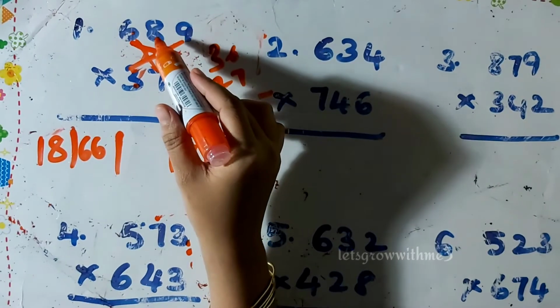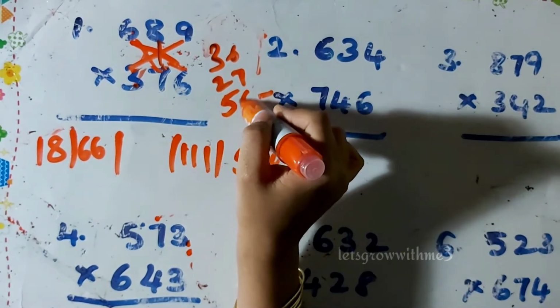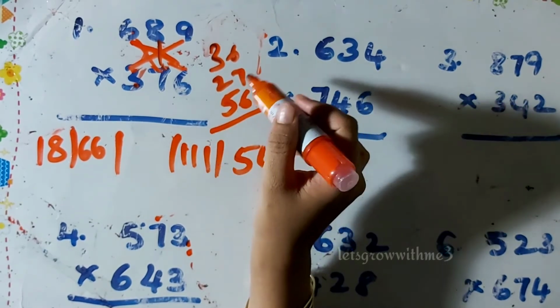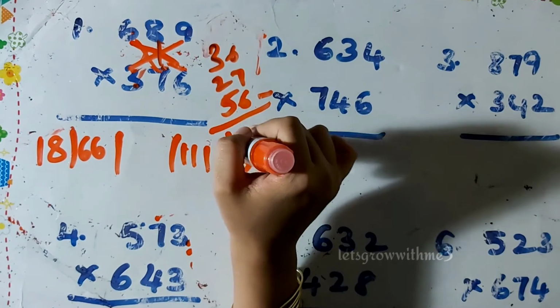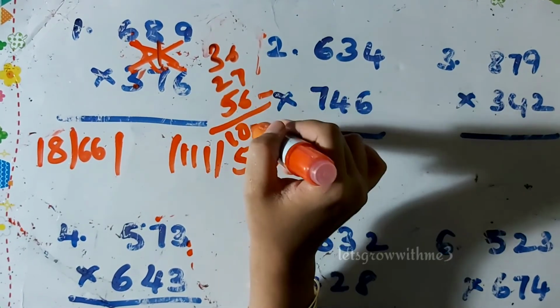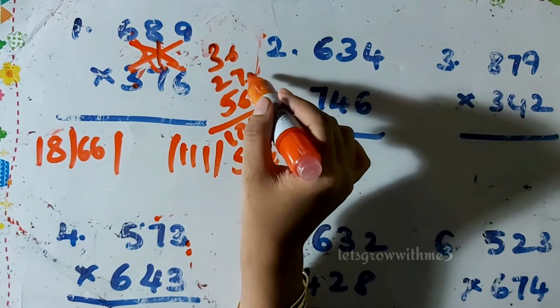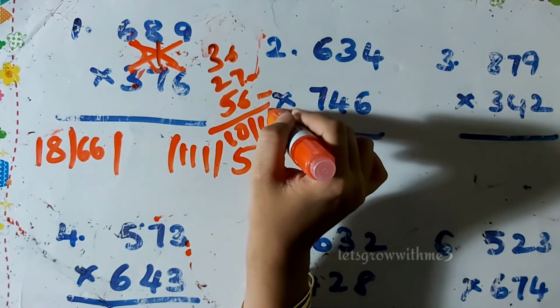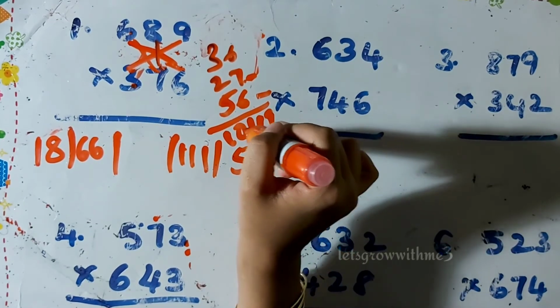So 36, 27, 56. The answer is 119. Now we need to do the balancing.